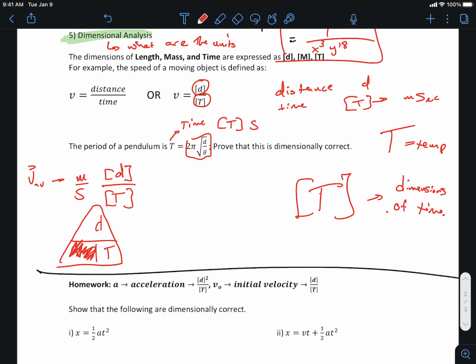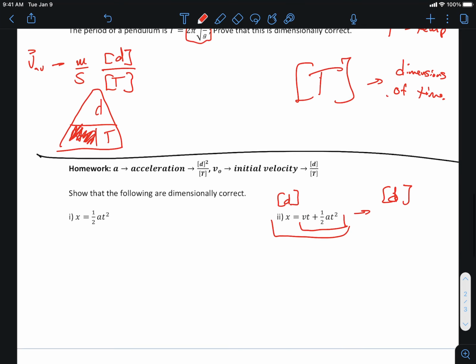All that we're going to do is make the equations more complicated. It does not change the fact that if I end up with a distance over here, all of this side has to also give me a distance, so that when I get my final answer, if you know that distance is supposed to be in meters, your answer better be in meters. That's what dimensional analysis is doing.